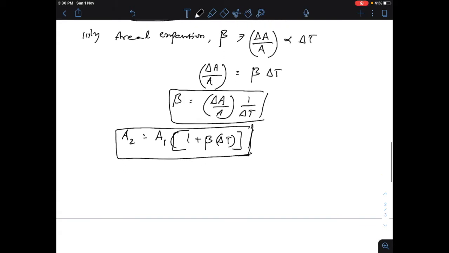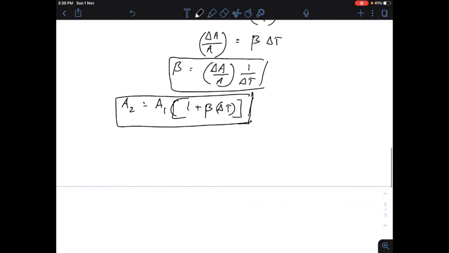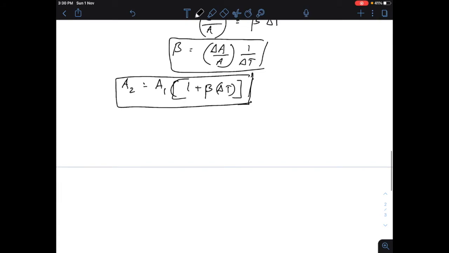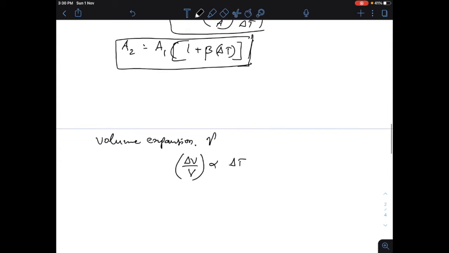And now we will write the expression for volume expansion. So the coefficient of volume expansion can be written as gamma. So here it will be delta V, the fractional change in volume, that is delta V by V is proportional to the change in temperature.